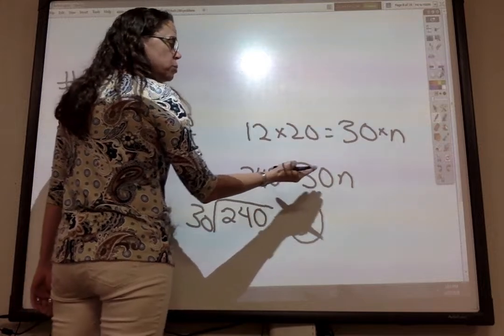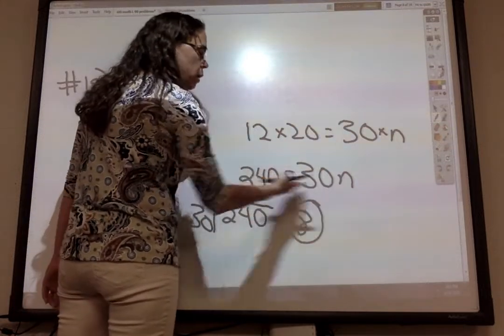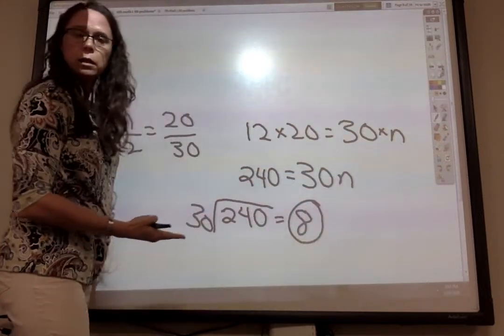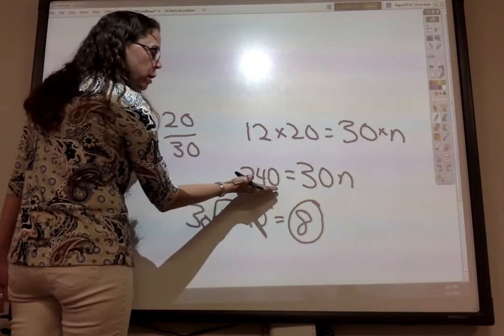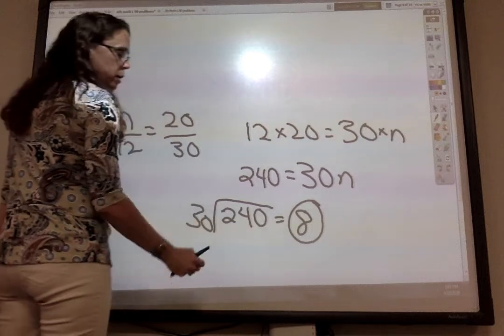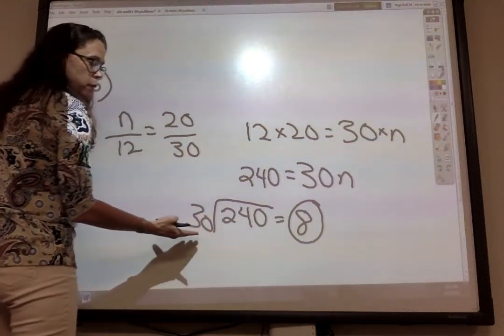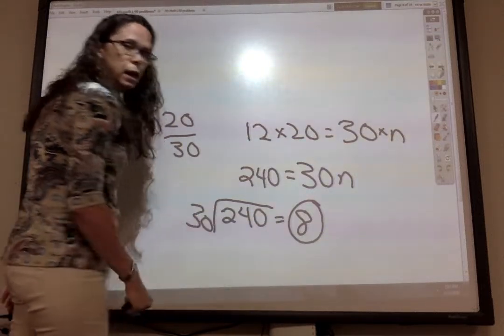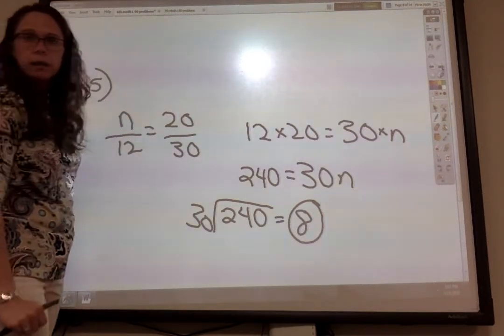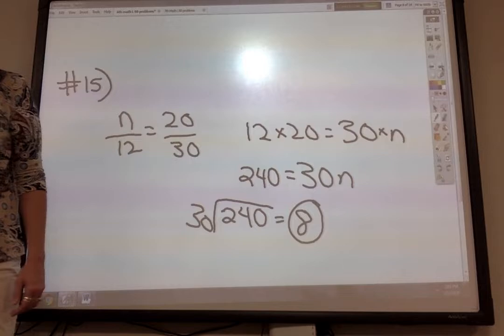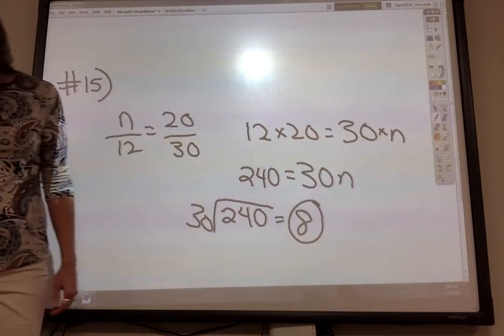That has to be equal to 30 times n. Now this looks like when I have a missing factor. So now I can take my product and divide by the factor I know. 240 divided by 30 gives me 8. So n equals 8.